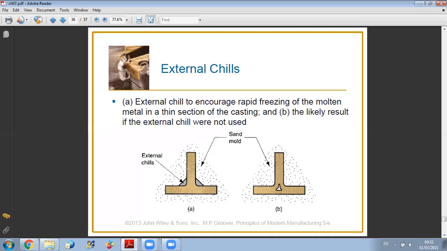In this way, by cooling this region, it will solidify before other regions, and this will avoid the formation of shrinkage cavities, because the faster the solidification in these zones, the better, since we will reduce the shrinkage effect in the final casting product.